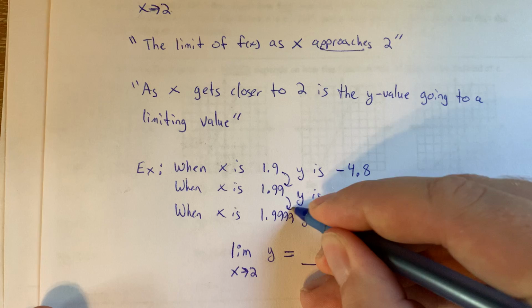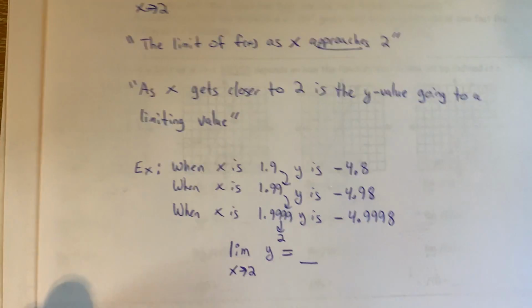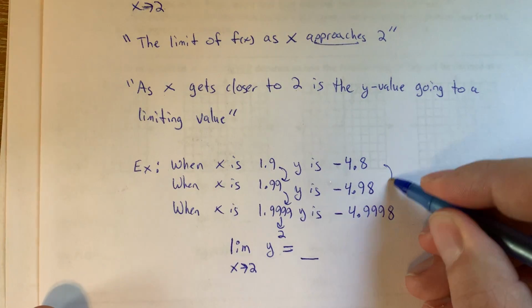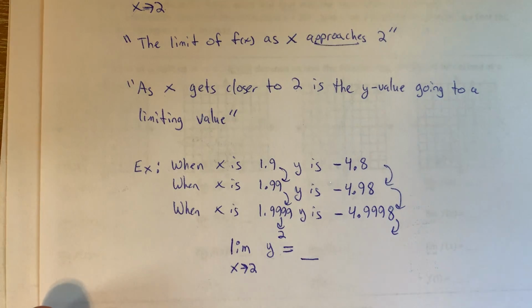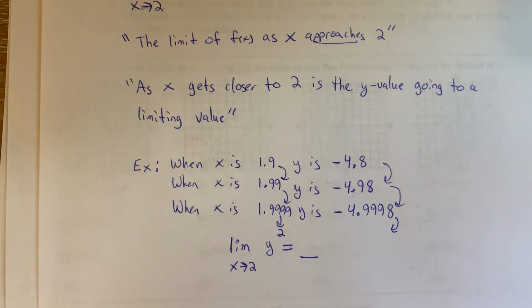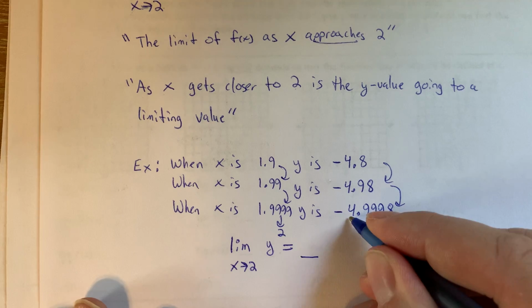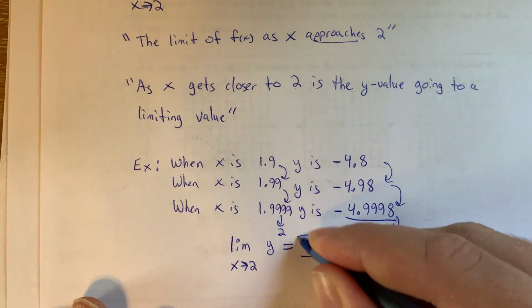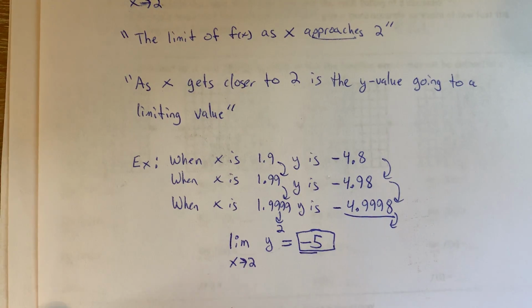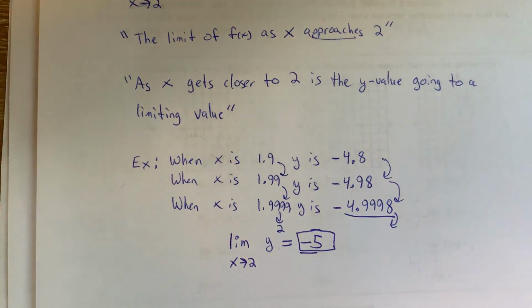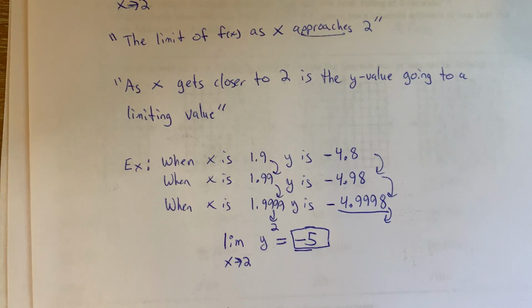I hope you can see that x is getting closer to 2 but hasn't quite gotten there. Is there some limiting y value that we're getting close to? Hopefully we can see that this is getting very close to negative 5. Negative 5 seems to be the limiting y value. As x gets closer to 2, the y value is getting closer to negative 5.